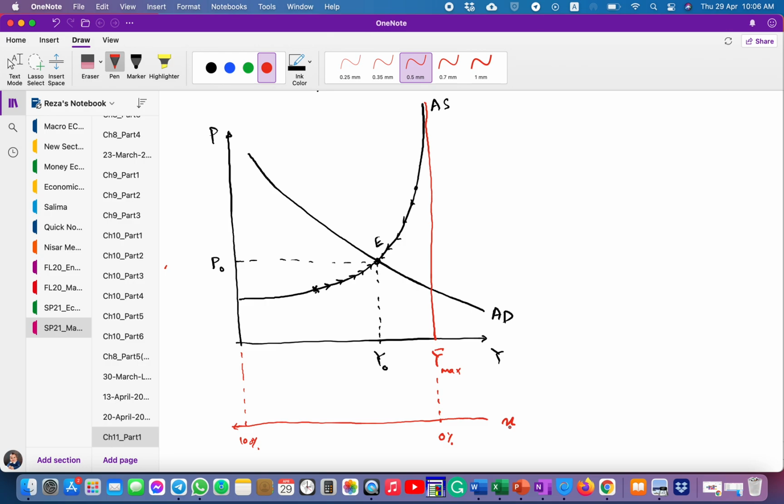This is the unemployment rate, and it comprises frictional, structural, and cyclical unemployment.